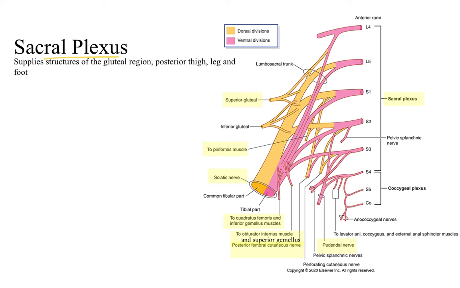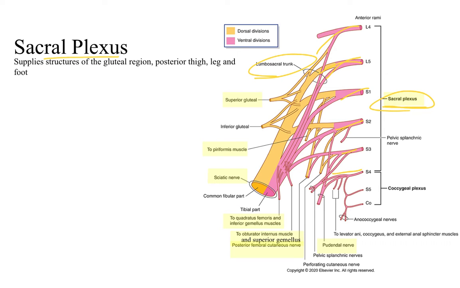So the sacral plexus then, highlighted right here, is formed by the lumbosacral trunk from L4 and L5, which then go into the pelvic cavity and then combine with S1, S2, S3, and S4 to form what we know as the sacral plexus.